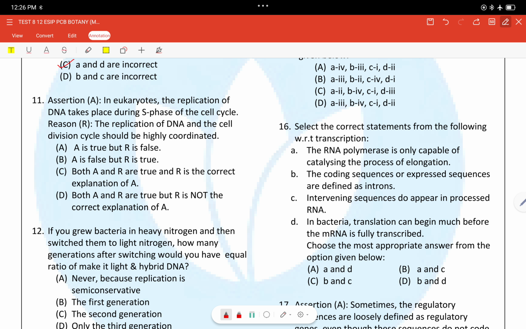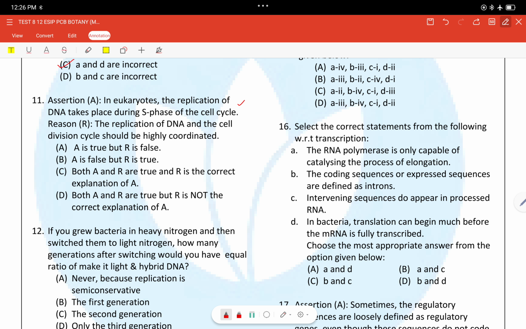Next question, assertion and reason. Assertion: in eukaryotes, the replication of DNA takes place during S phase of the cell cycle. If we consider the stages of cell cycle, then we have three stages in interphase, G1, S and G2. S phase is for synthesis of DNA and duplication of centriole. So the statement is absolutely correct.